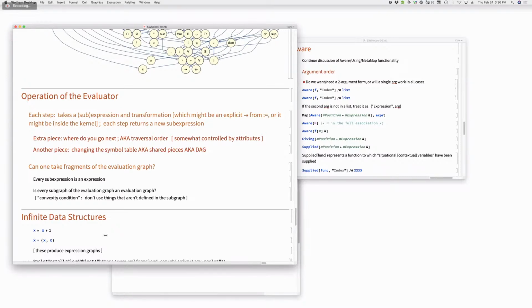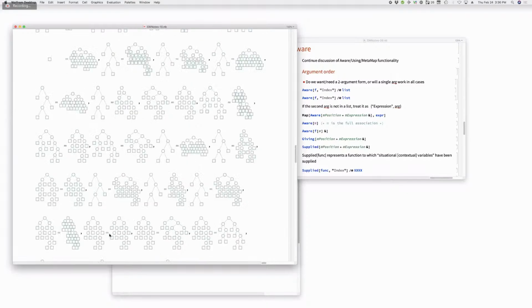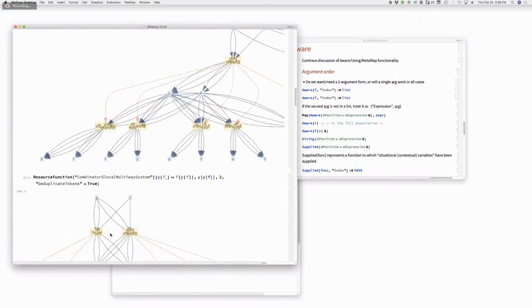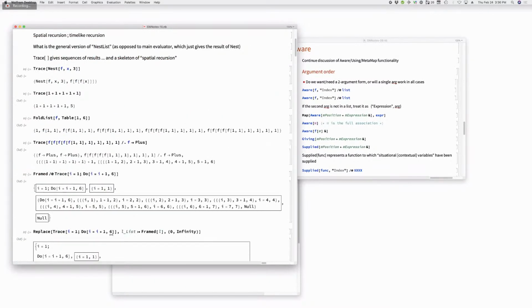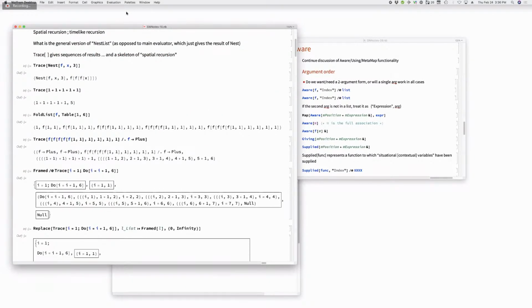The question is how to represent the process of computation. How do we symbolicize the representation of the process of computation? Trace was an inadequate answer to that from 1990 or so, and we are now interested in how we can go further. So, is Nick with us? If he is, maybe he has something to say about this.